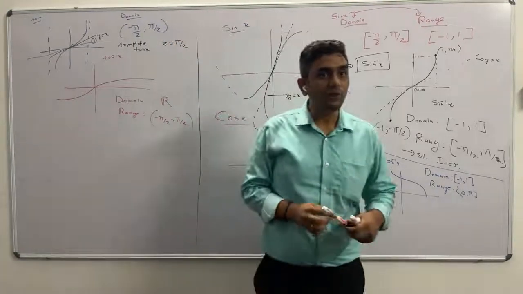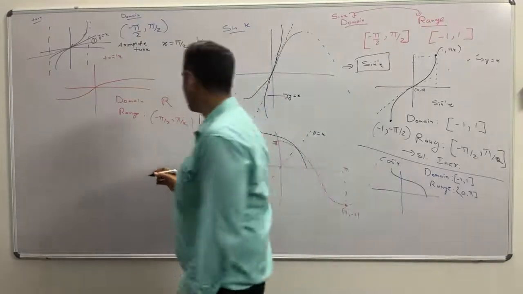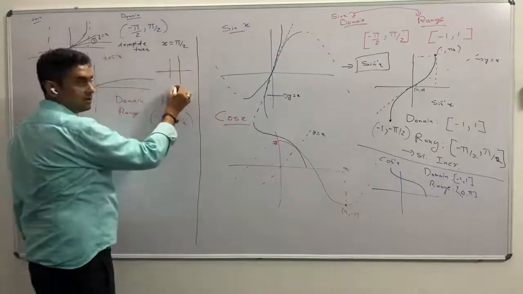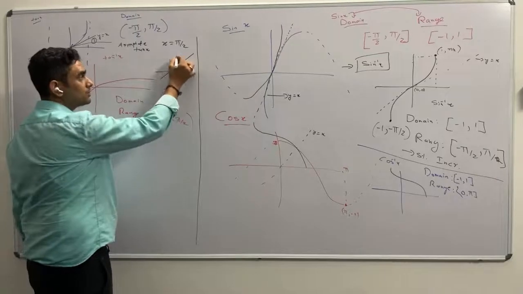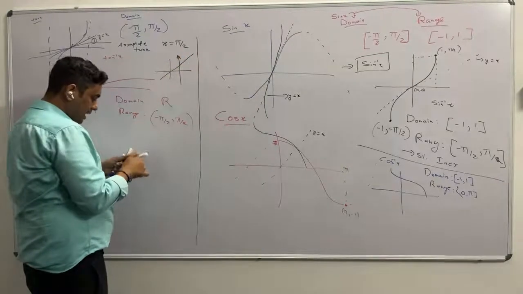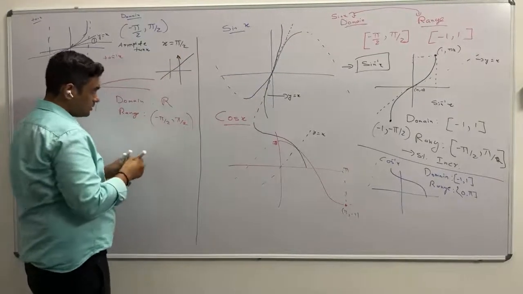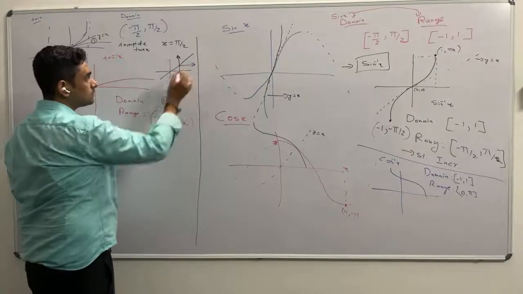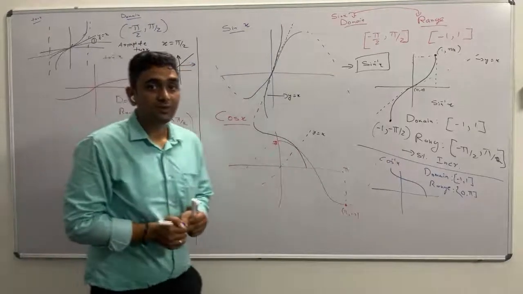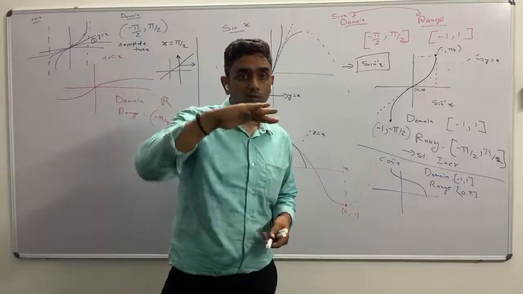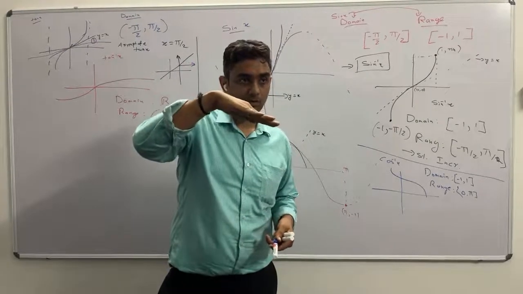Now think about this. When you are taking the mirror image on y equal to x, let's say this is a line. If I take the mirror image about y equal to x, this line after taking the mirror image will be this one. Why? Because it will be equally inclined to the mirror, 45 degrees.